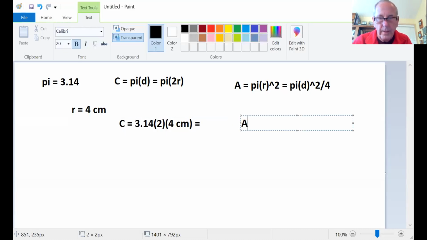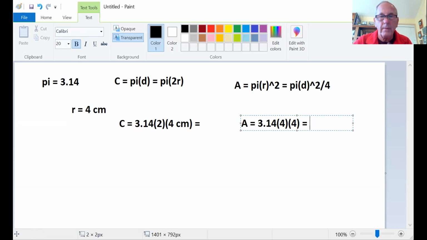Area is equal to pi r squared, so it's 3.14 times, here we're just going to use r, 4 times 4.